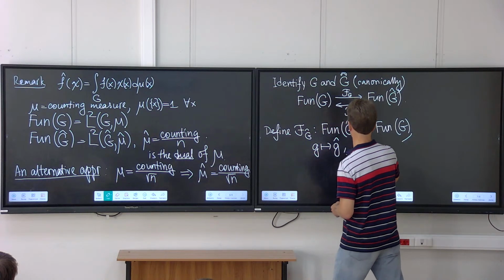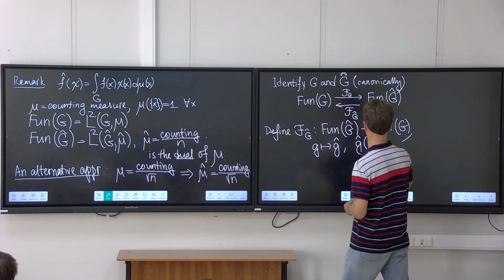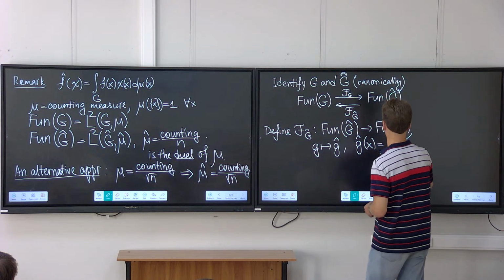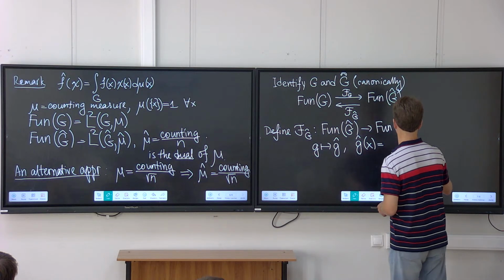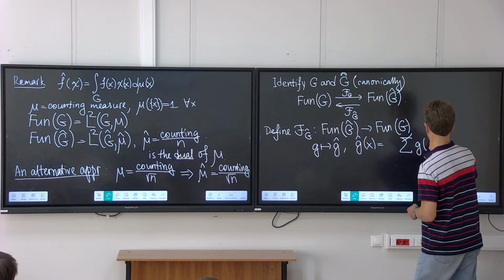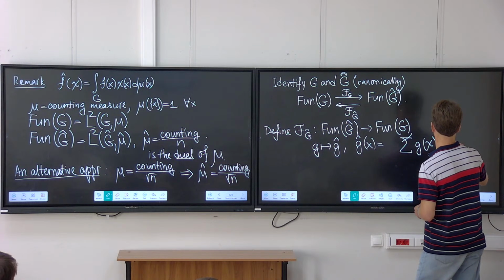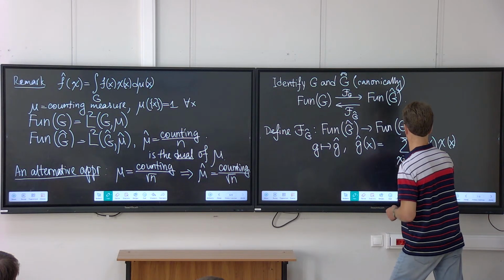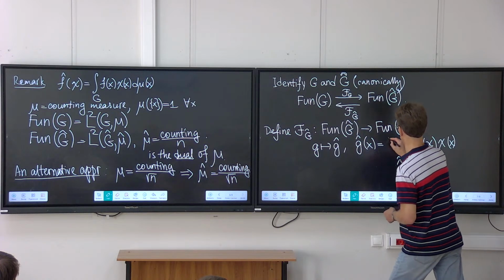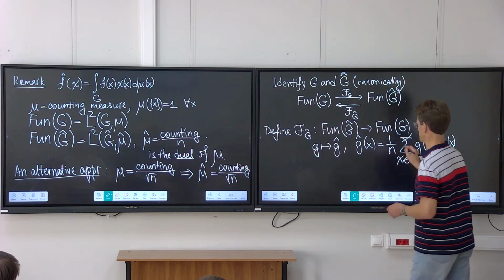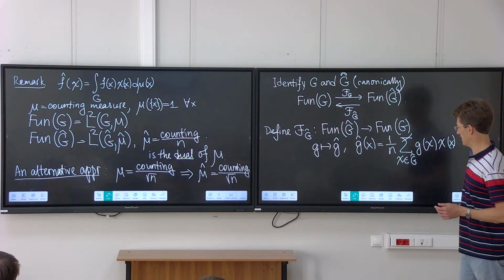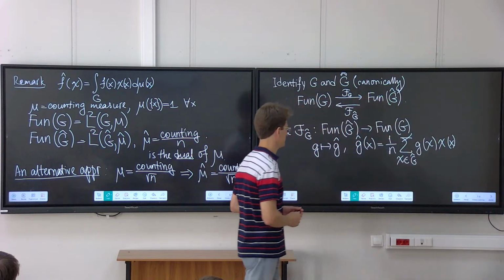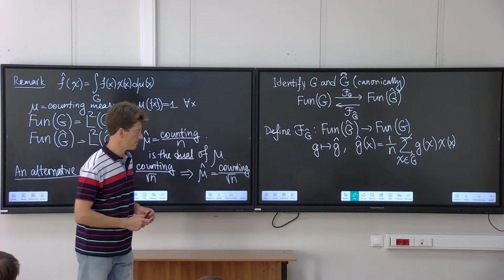The respective function on G is the following sum: G of chi of x, divided by n, because this factor appears in our measure on G hat, and it appears actually in the Plancherel theorem.